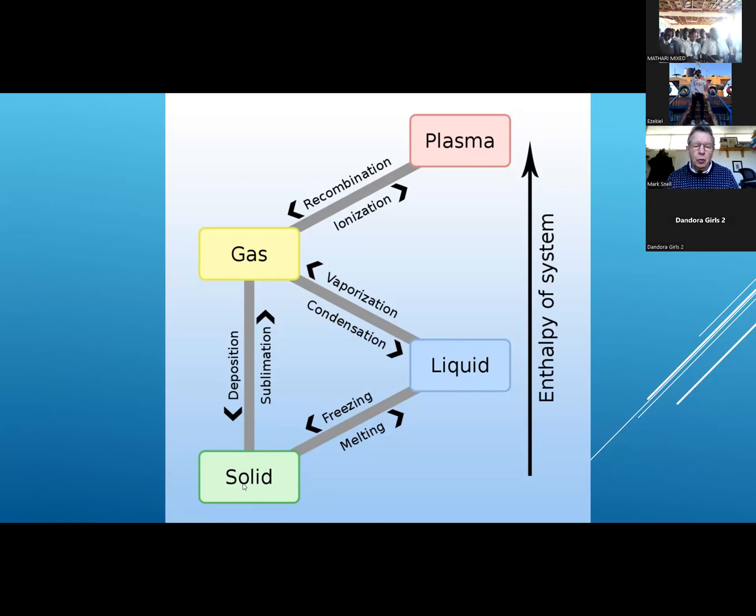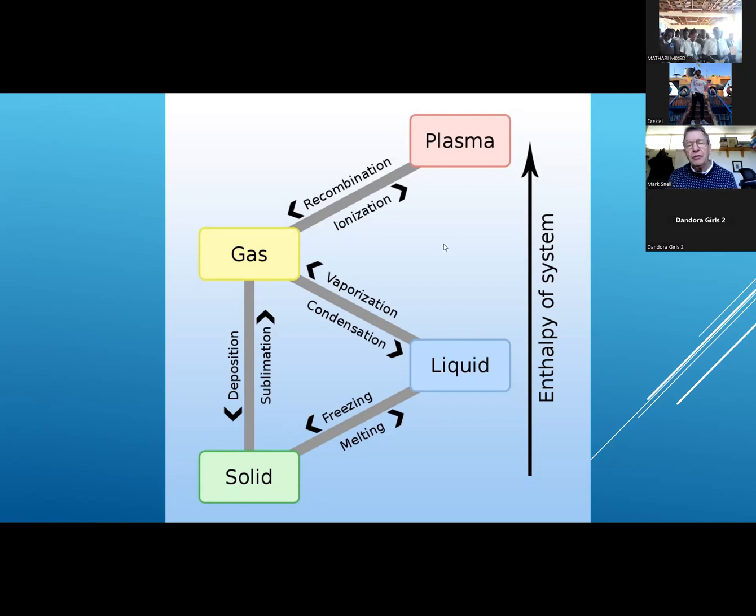The slightly unusual one is solid to gas, which is sublimation, and from gas to solid is deposition. You don't need to know about plasma. Plasma is when you get a gas and you strip the electrons from it and it becomes ionized. You don't need to know about plasma and this top one on recombination and ionization. But the other changes between solid, liquid and gas you should know completely.